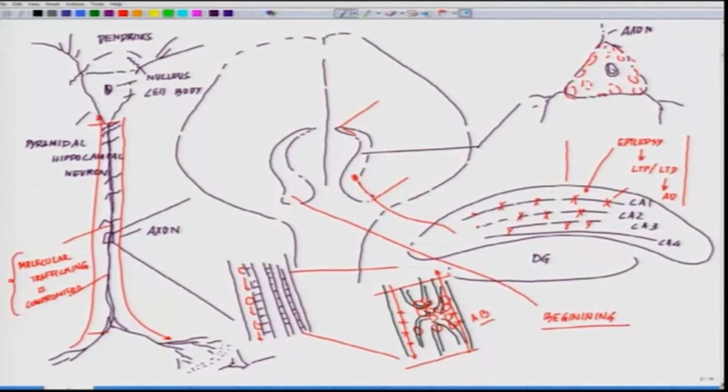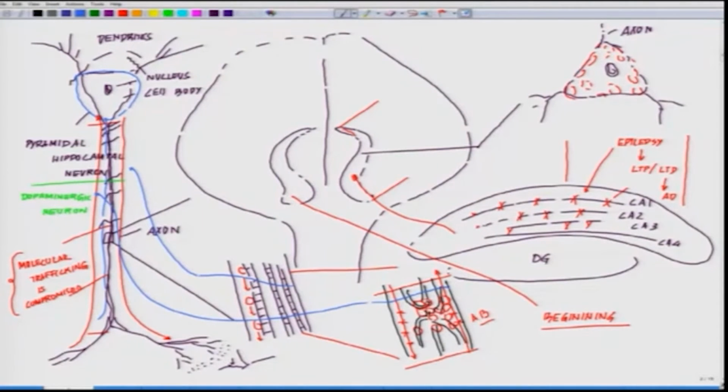Now, if you replace this pyramidal hippocampal neuron with a dopaminergic neuron, just change the name, and of course that will lead to a change in the shape. It is not as pyramidal as this one, but if you look at what is happening at this zone and this zone, for both of them it is a similar trail.